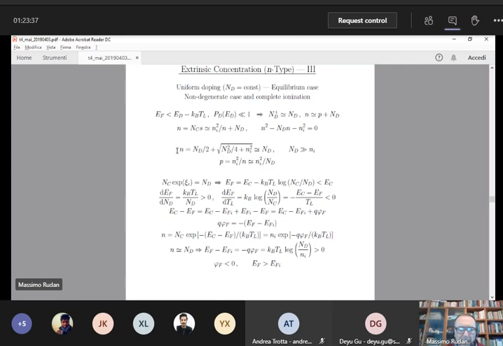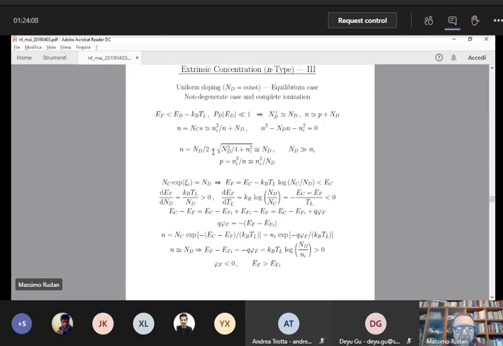Conclusion: small n is equal to Nd divided by 2 plus the square root of Nd squared divided by 4 plus ni squared. Of course, in the general solution there is also a minus here, but you must neglect the minus because it would give you a negative concentration. This is non-physical.